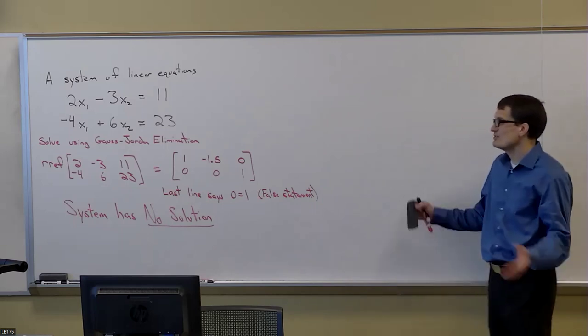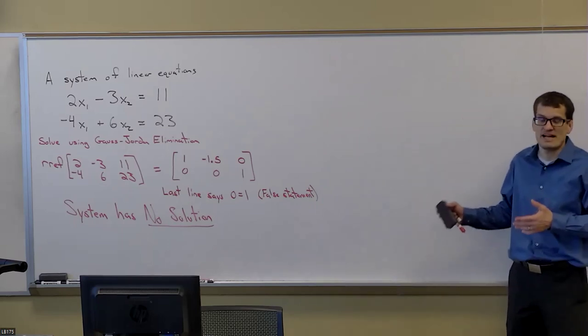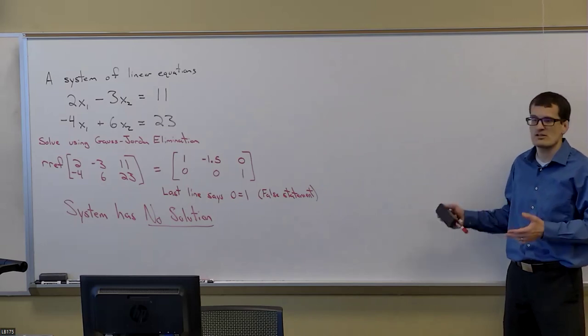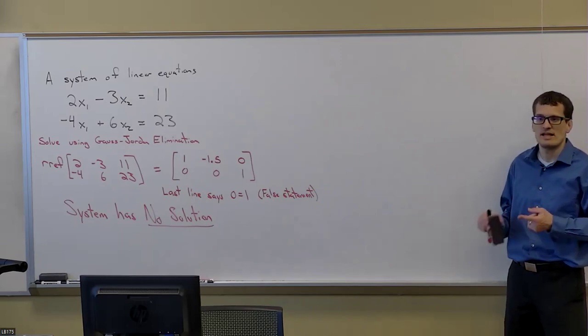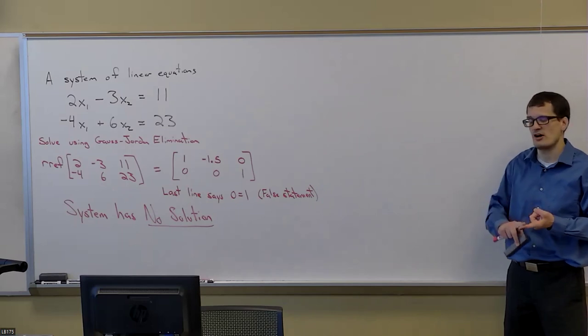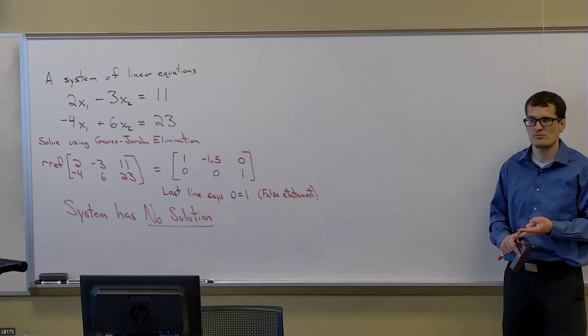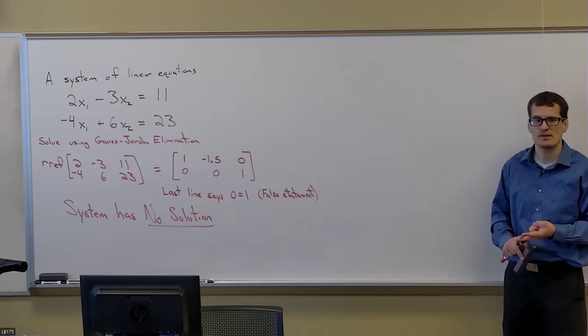Now, unless you want to do lots of stuff by hand, if you're willing to use technology, that's really all you need to know. We can convert into augmented matrices. We can have our calculator do all the tough work of putting it in row reduced echelon form.